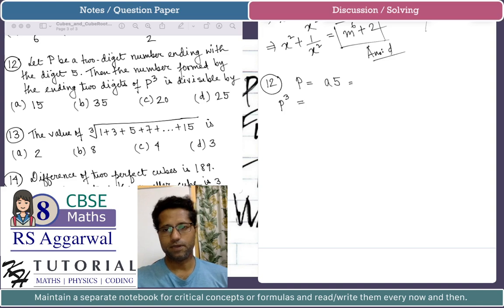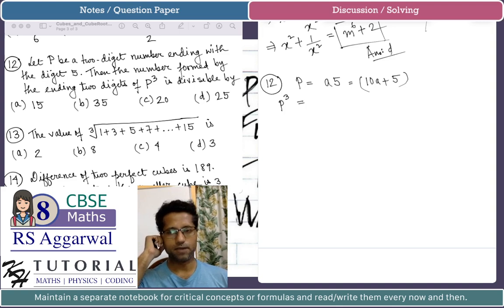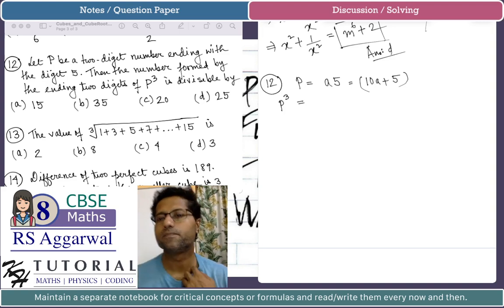This A5, in the expanded form, will be 10A plus 5. This A5 is a two-digit number where the digit at the units place is 5 and A is some non-zero digit in the tens place. So in the expanded form it is 10A plus 5.